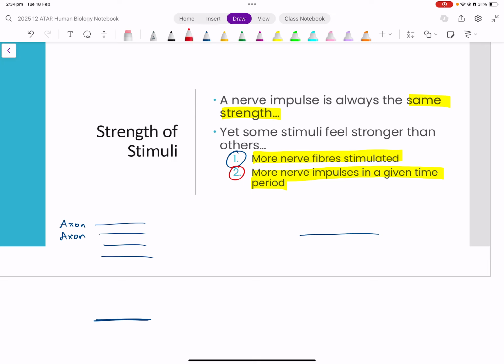However, there could be an action potential occurring here, and once the refractory period has occurred, we can have multiple action potentials running down this neuron in a given time, compared to only one in this neuron down the bottom left-hand corner. So when it comes to the strength of stimuli, again, it can feel stronger. However, it's not because it is, in fact, a stronger stimulus. It's just that either, number one, more nerve fibers have been stimulated, or number two, there are more nerve impulses in a given time period.